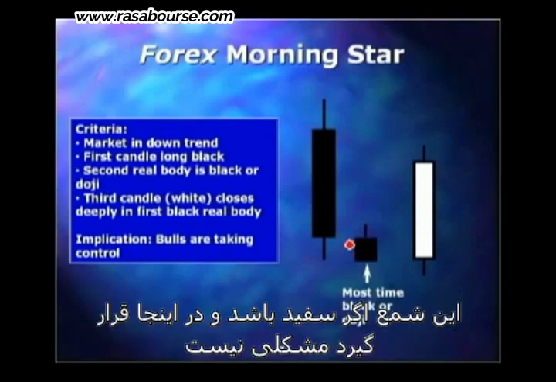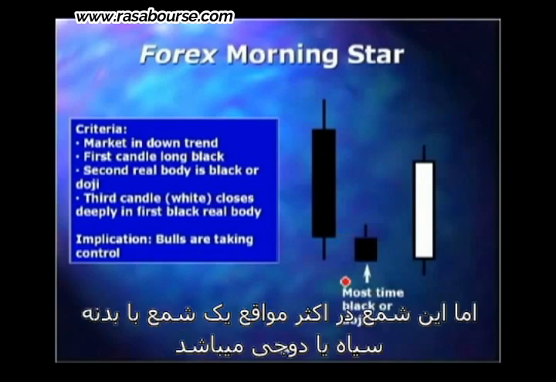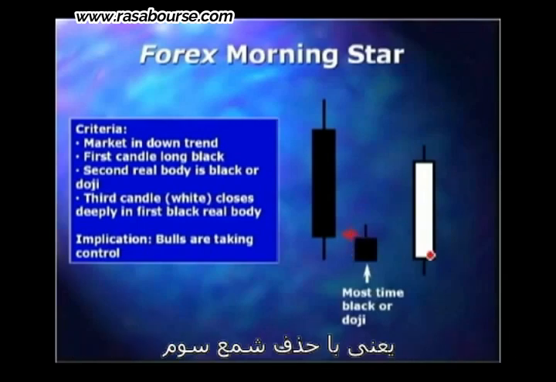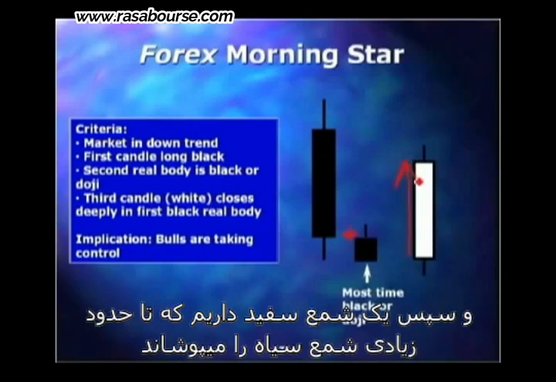I said most of the time black or white because it can also be, even if we have a little bit of a white candle like this, that's fine. But most of the time it's going to be a black real body or a doji. The main thing, this would also be obviously a harami, right? If this was a white candle. And then a white real body that gets deeply into the black candle.